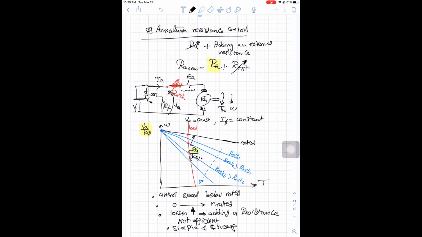Now, as you can see from these two techniques, you can control the speed just below rated. How can we control the speed above rated? This is our last technique. The last technique is field control or field current control. For field control, we will change IF, and IF will change phi.